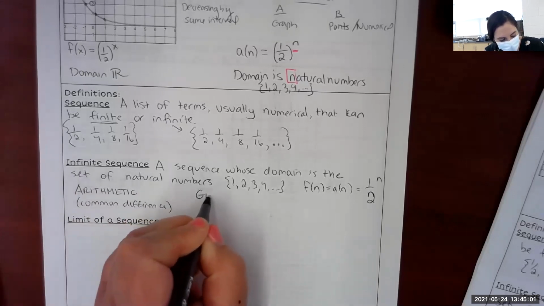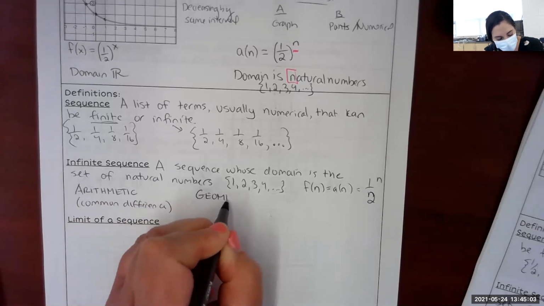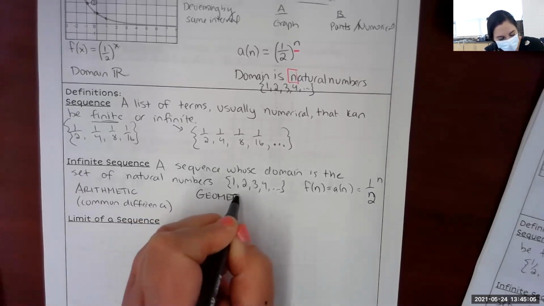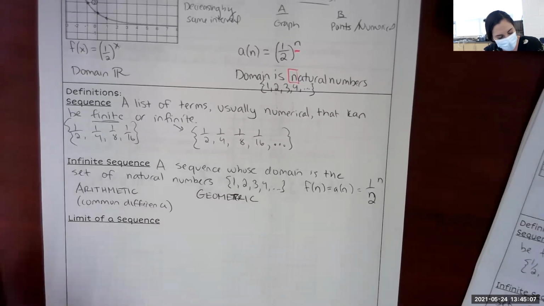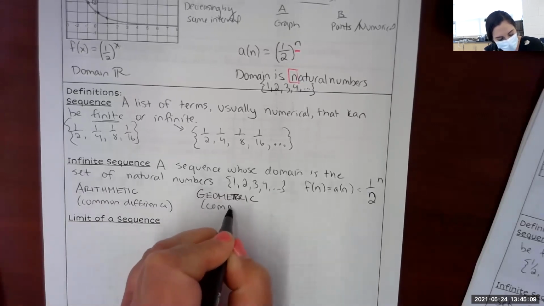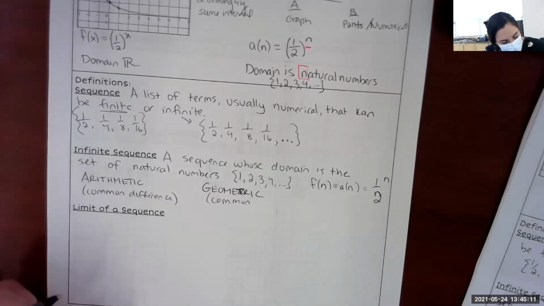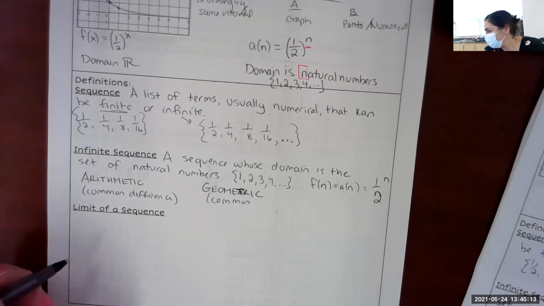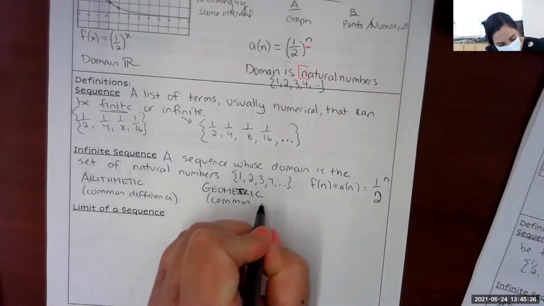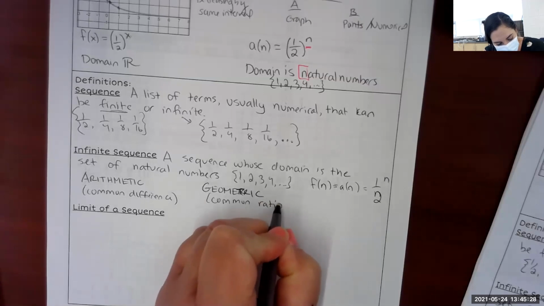And geometric, do you remember what you have with a geometric function? A common, what, anyone remember? It's a common ratio. It's what you're multiplying by.